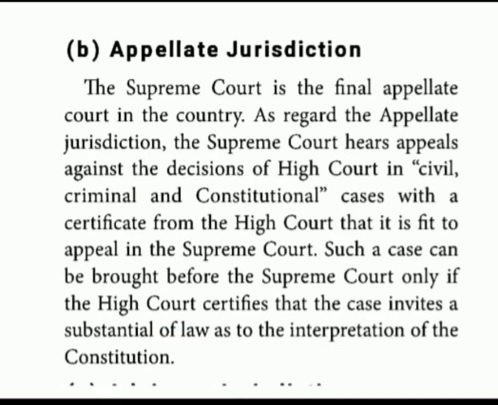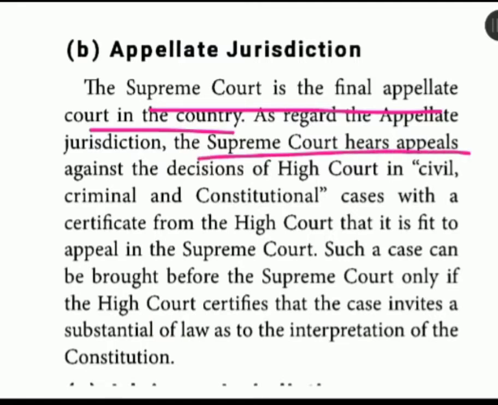If he files his case in the Supreme Court the second time, that is called appellate jurisdiction. The Supreme Court is the final appellate court in the country, and it hears appeals against the decisions of the High Court.